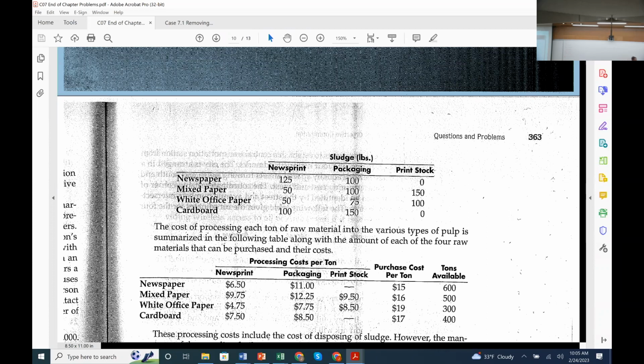If this company just paid its garbage service delivery $10 per ton of sludge to cart away the sludge, then you wouldn't have to do this as a multi-objective problem. Then you would just instantly convert everything into dollars and do it as a single objective.